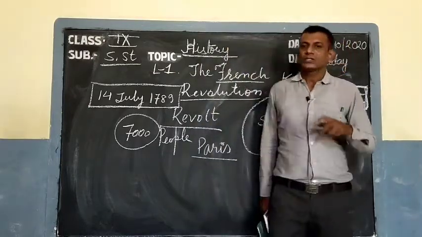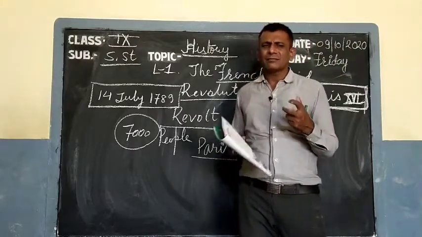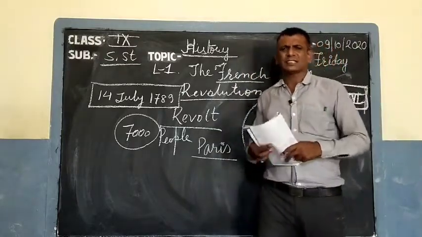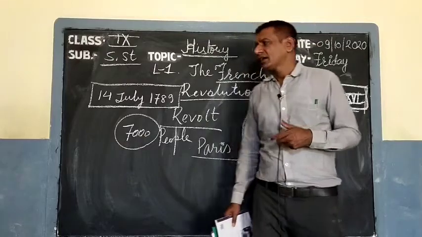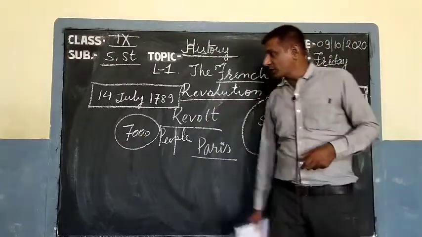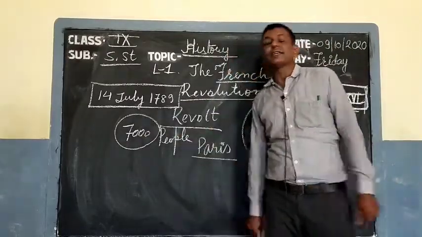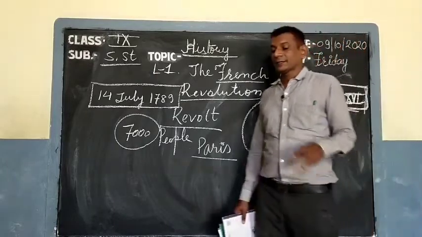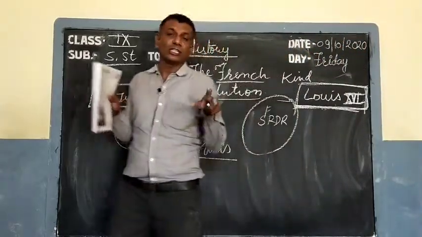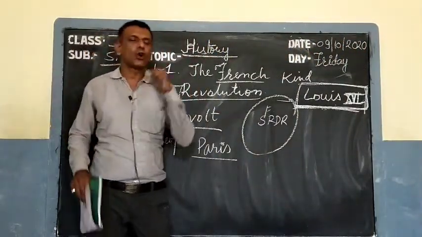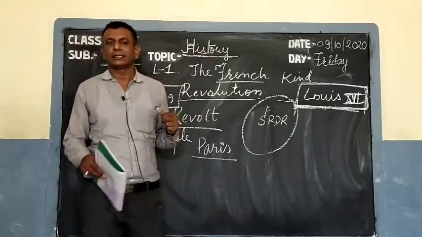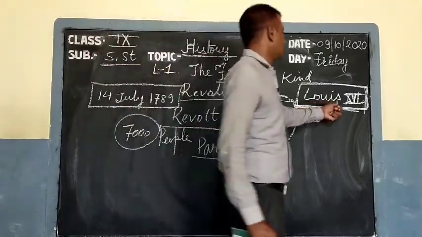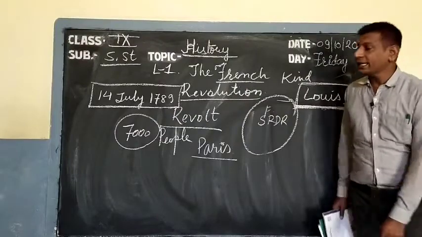So people had some type of dissatisfaction in the mind, and on 14 July 1789 they found this right opportunity to go against the rule of Louis XVI.